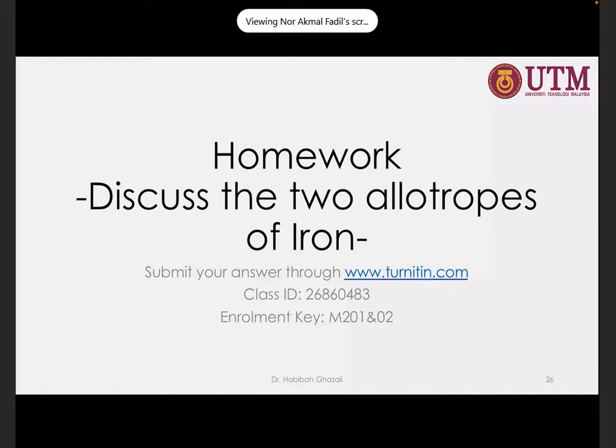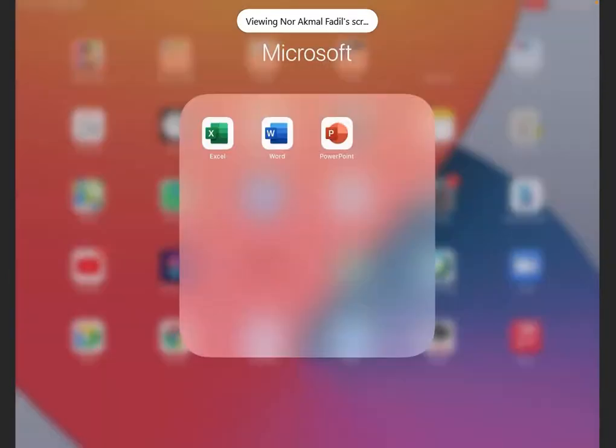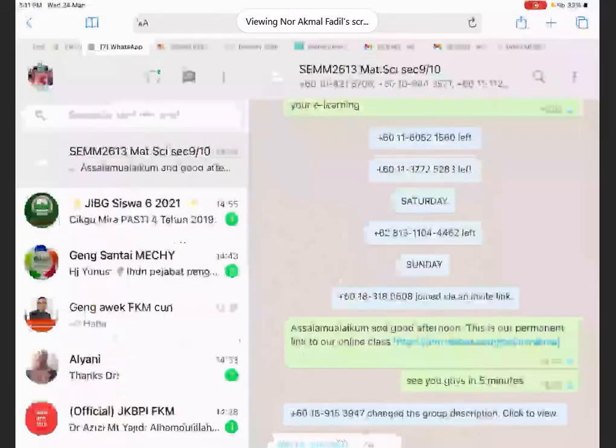This is what Dr. Habibah said about the electrode for iron. Okay. Let me show you when we talk about electrode of iron.